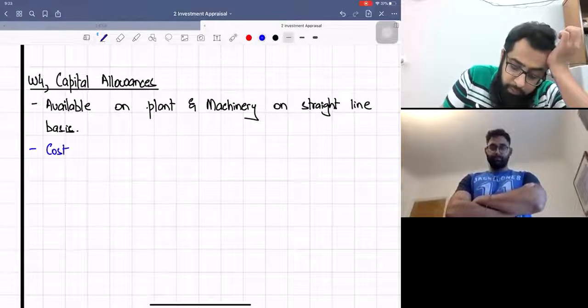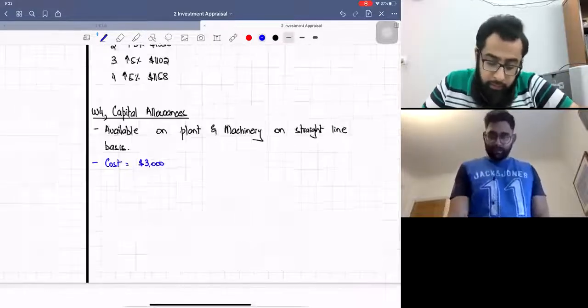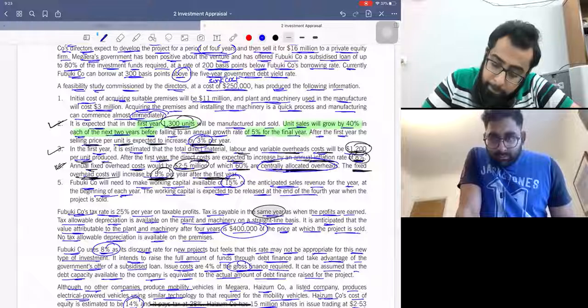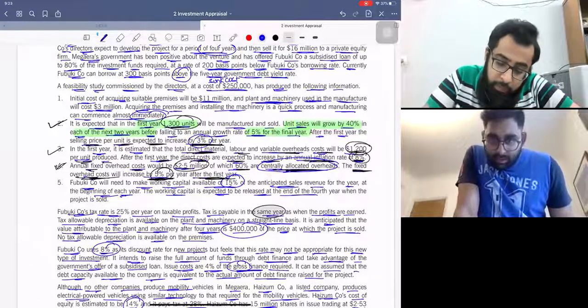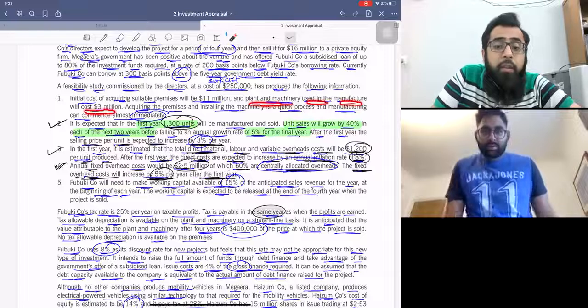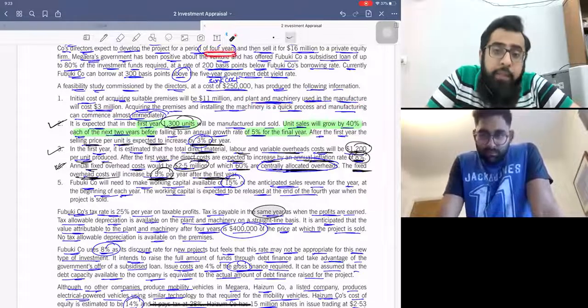The cost of plant and machinery is how much? If I'm not wrong, it was $3 million. The plant and machinery used in the manufacture will cost $3 million. The project life is 4 years.